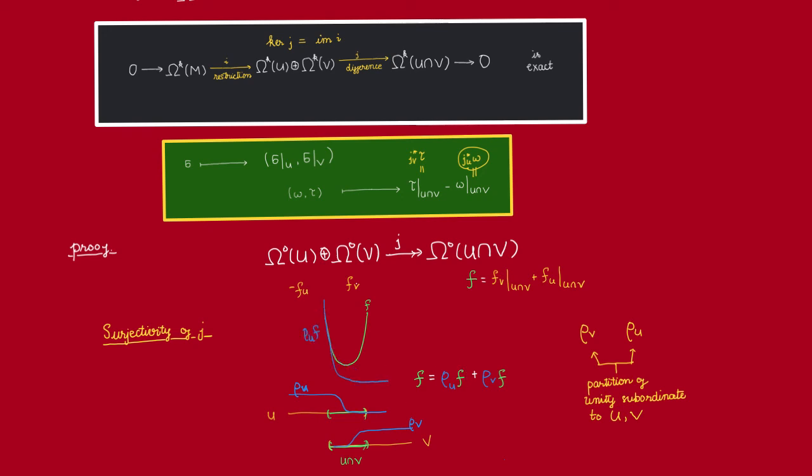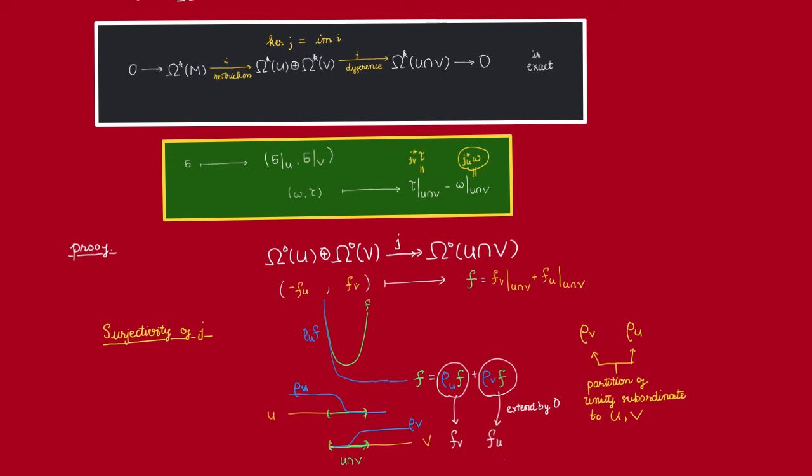However, it's really clear how to extend it smoothly on V, because it's just 0 here, so we can extend it by 0 on V. So we define the function f_V to be the extension by 0 of rho_U f to V. Similarly, we can extend rho_V f to U by 0. These are clearly smooth, and f is clearly the sum of f_U and f_V. So f is the image of this pair under j, and thus j is surjective at level 0.